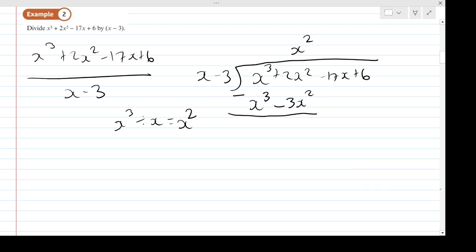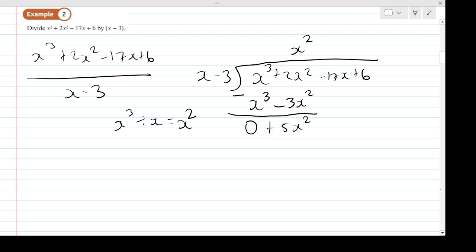If I take away x cubed minus 3x squared from the top part, x cubed plus 2x squared, then x cubed take away x cubed is 0. Then 2x squared take away minus 3x squared is a double negative, so it's 2x squared plus 3x squared, which gives 5x squared.